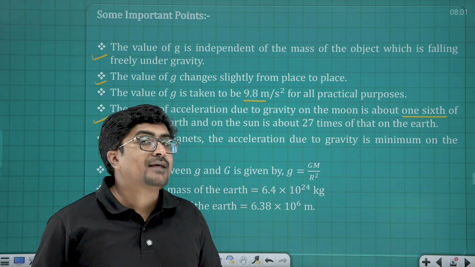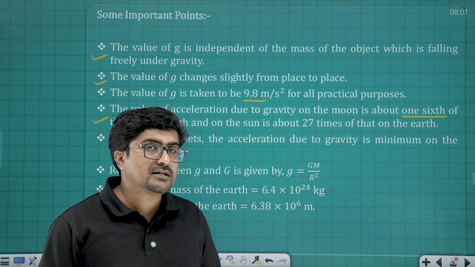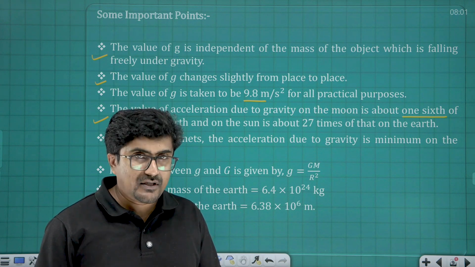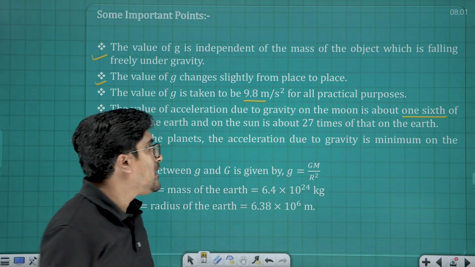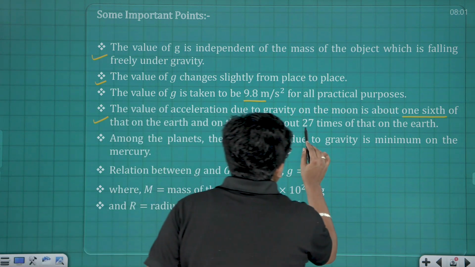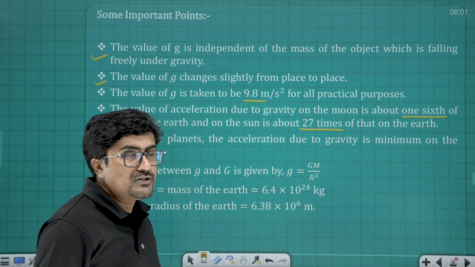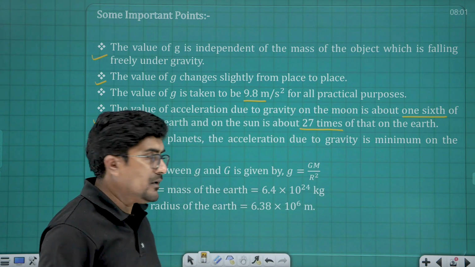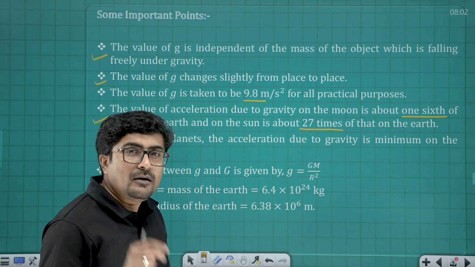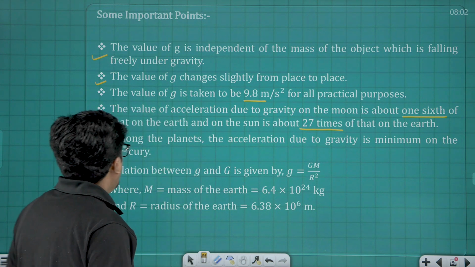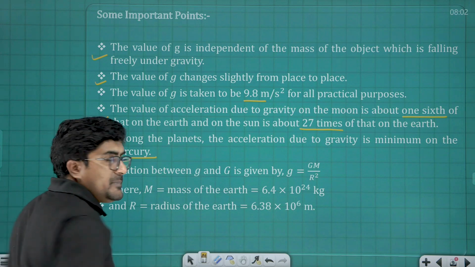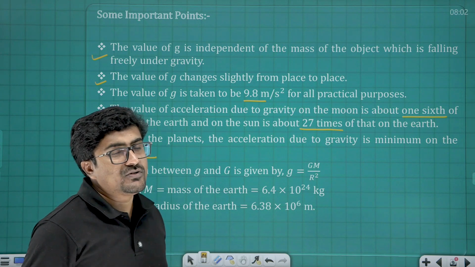And as per the calculations, the acceleration due to gravity on the surface of sun is 10 to power 27 times greater than that on the surface of the earth. If we consider the planets, Mercury is the one which is experiencing the least acceleration due to gravity.